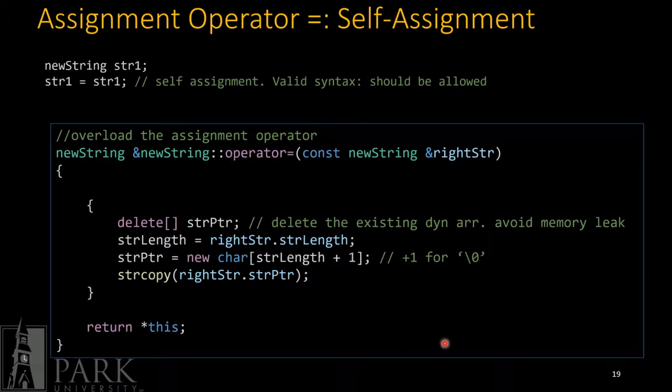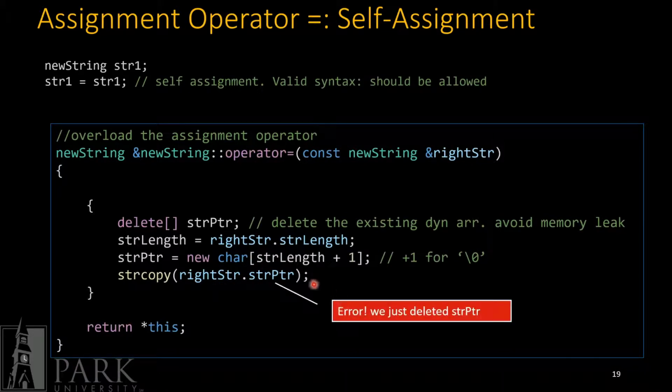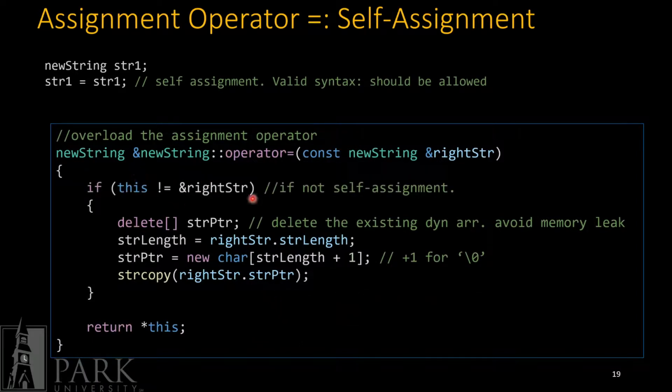If we have the same code that we had before without the self-assignment check, what will happen is when we pass in the right-hand operand, which is the same as the object that's being copied, when we delete the string pointer here, and then try to call string copy, the thing we want to copy is going to be deleted, so it no longer exists. So we're deleting the reference that we're trying to copy. So it doesn't work, right? That is why we need to check to make sure that these two are not the same thing, so that the program doesn't crash later on.